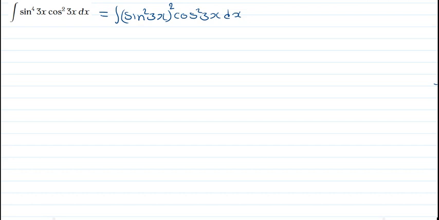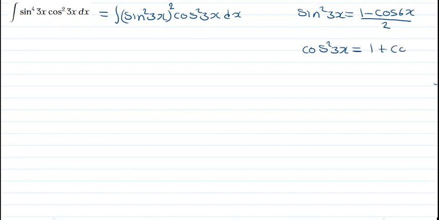We know that sine squared 3x is equal to 1 minus cos 6x over 2. Then for cos, we know that cos squared 3x is equal to 1 plus cos 6x over 2.